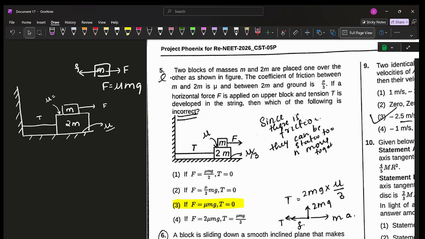Could you please teach me how to do the fifth question, which starts with two blocks of masses m and 2m? I can understand that with the trick, I can find T is equal to 0 and eliminate the options. But I don't really understand the depth of it, and I'm not able to understand how force can have all these three different values. So could you please explain it to me in detail?